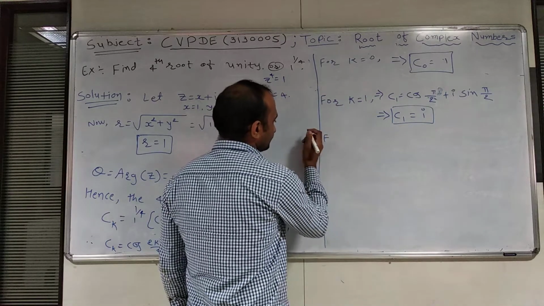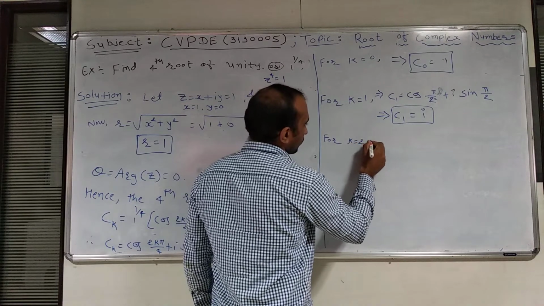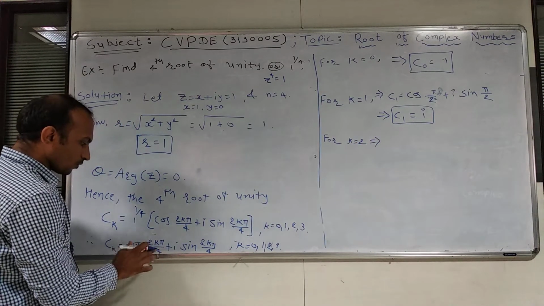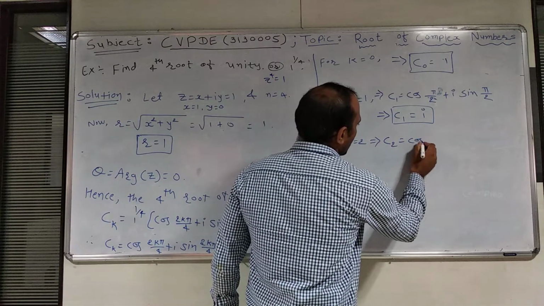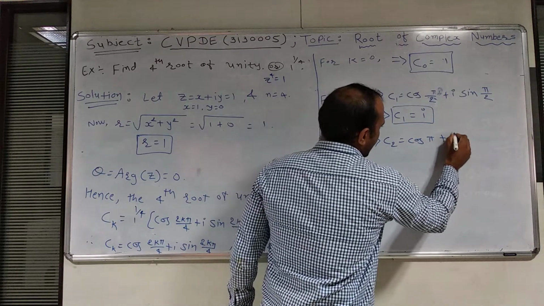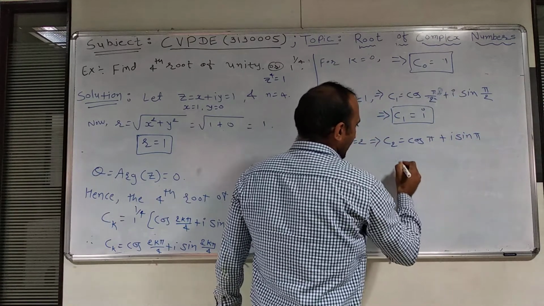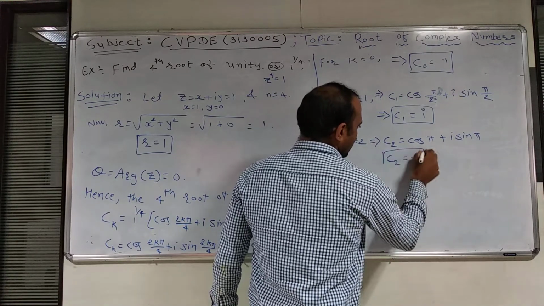Now for k equal to 2, put 2 here, 2 into 2 is 4, the 4 cancels, so we get c2 equal to cos pi plus i sin pi. Now we know that sin pi is 0 and cos pi is negative, so c2 is minus 1.